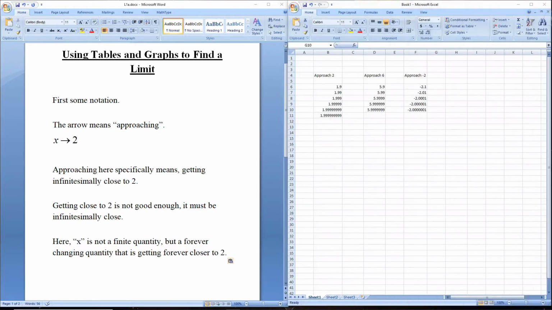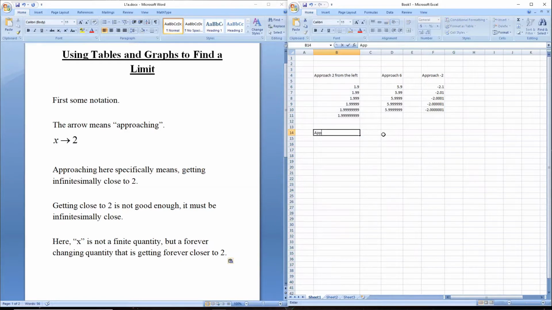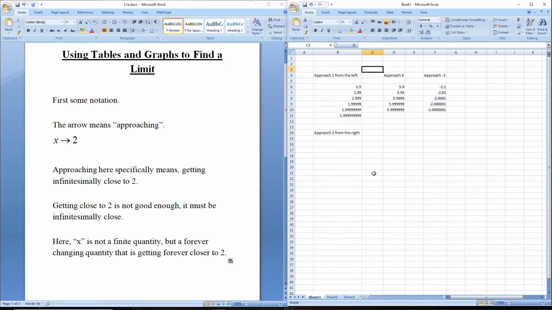So let's do that again for the problems we just did. So technically here, we're approaching 2 from the left. So let's do this again, but let's approach 2 from the right. So that means we're going to start with something that's larger than 2, say 2.1.